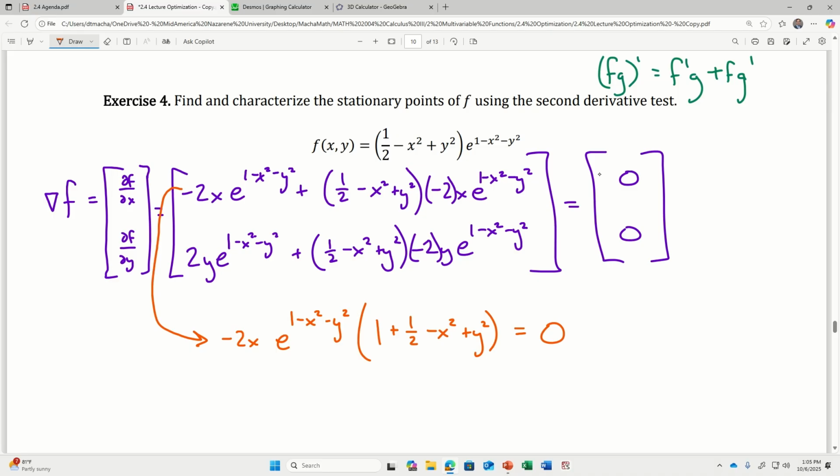So, I can divide both sides by negative 2. 0 divided by negative 2 is still 0. And also, this factor with the e raised to any power is always positive. You can never make this factor into a 0. So let's divide both sides by negative 2e to the blah, blah, blah, and see what we get.